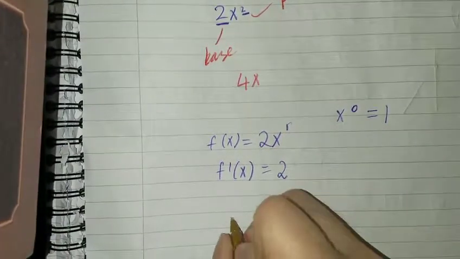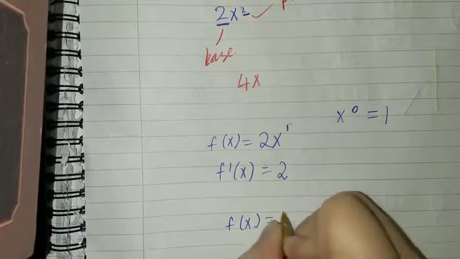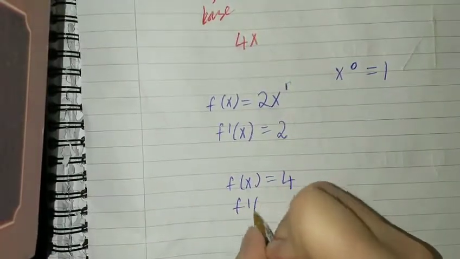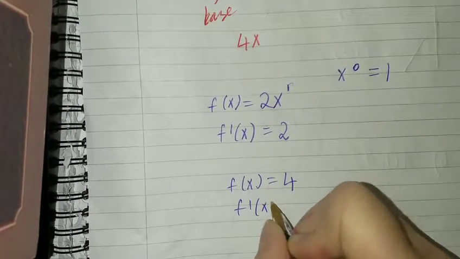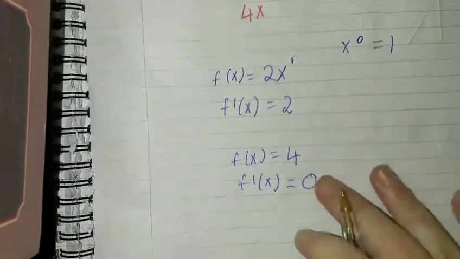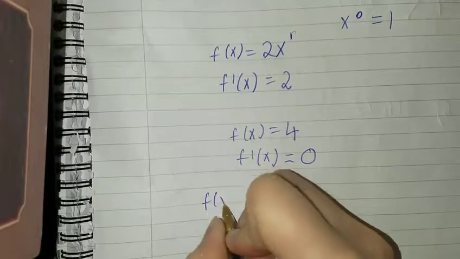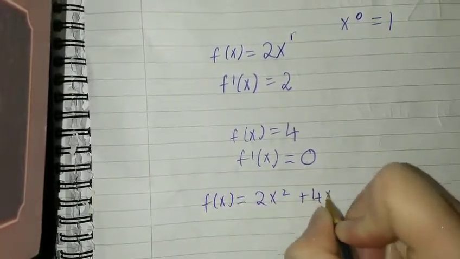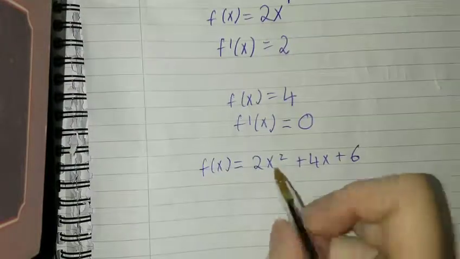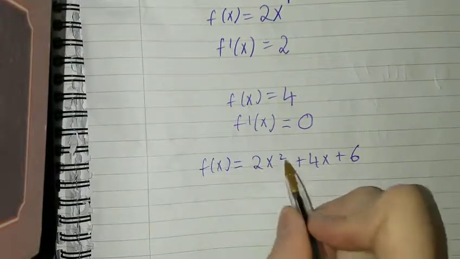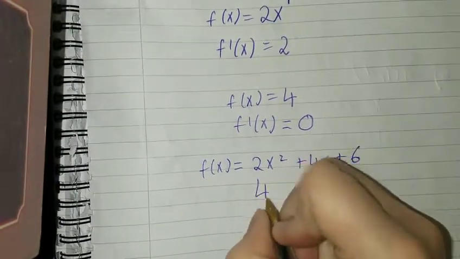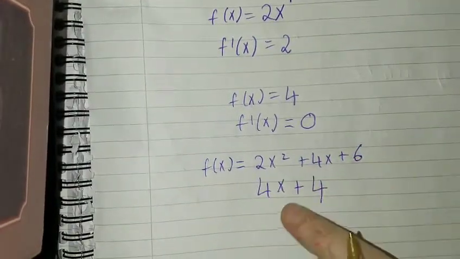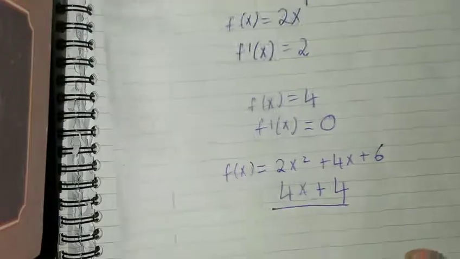But if we had f of x equal to 4, the slope of that is 0, so the derivative, because there's no x, will just be 0. If we had f of x equal to 2x squared plus 4x plus 6, the base 2x by the power 2 gives 4x, and 4x goes to 4, and 6 goes to 0. That will be the derivative.